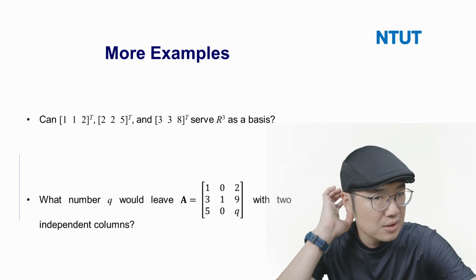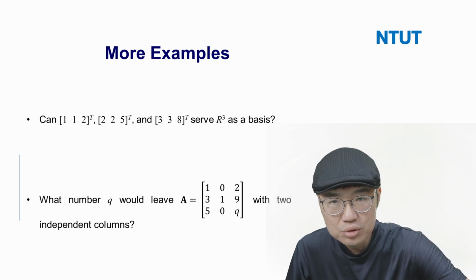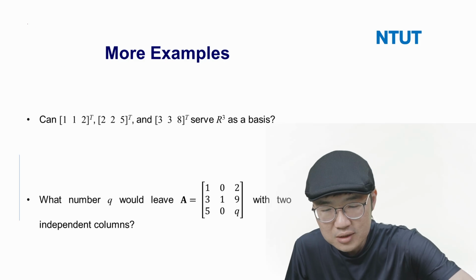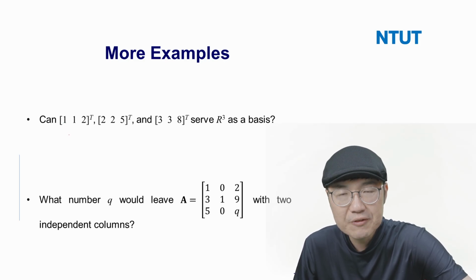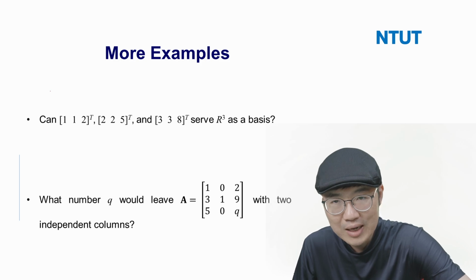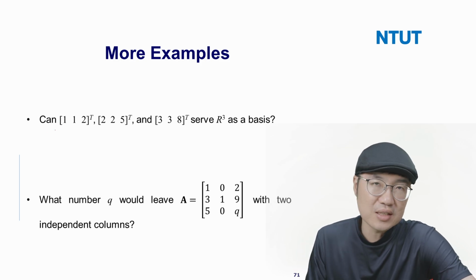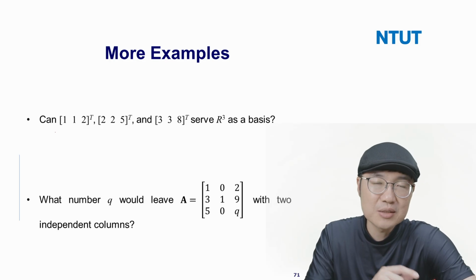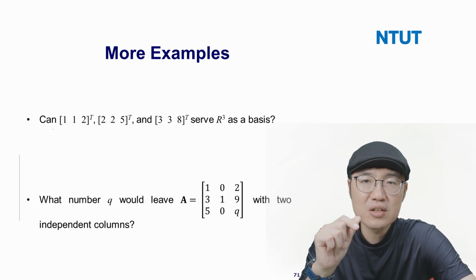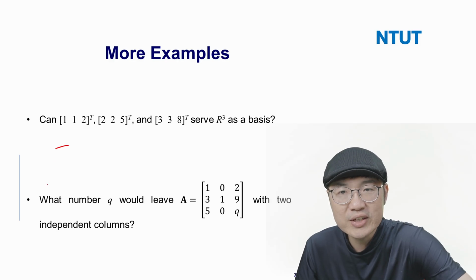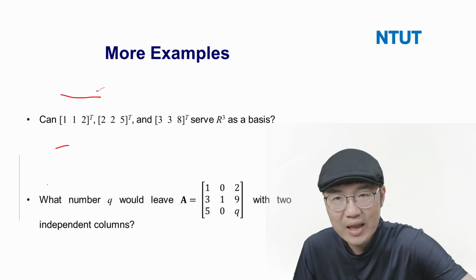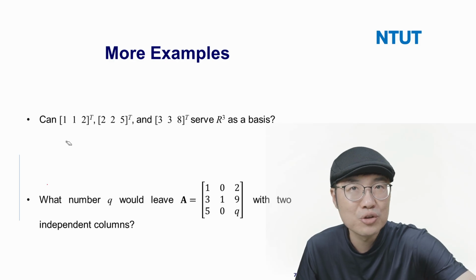So consider (1, 1, 2), (2, 2, 5), and (3, 3, 8), which are considered as a basis for R3. If they are a basis for R3, this is just another statement about checking whether they are independent. Because there are already 3 vectors, you can never have R3 using only 2 vectors.